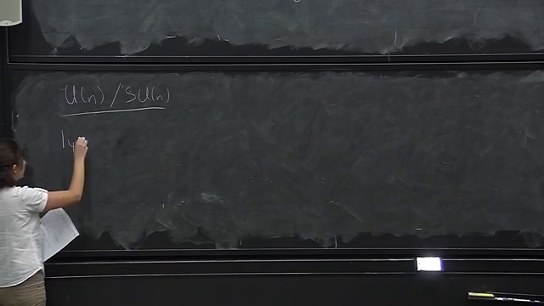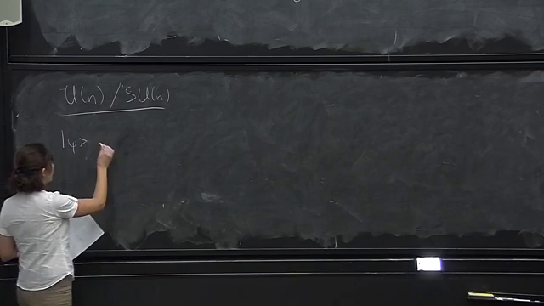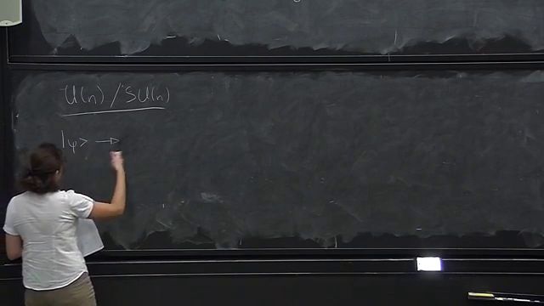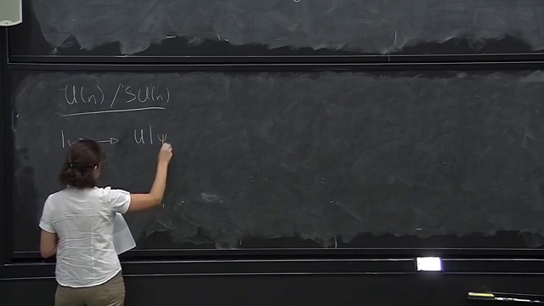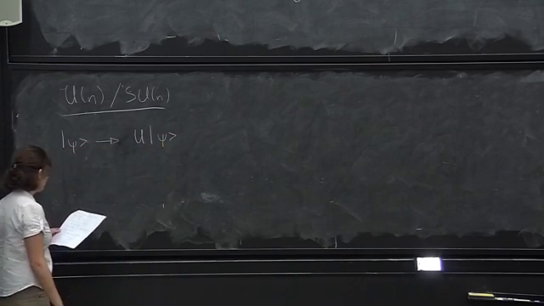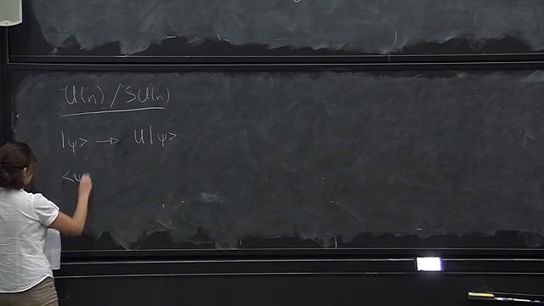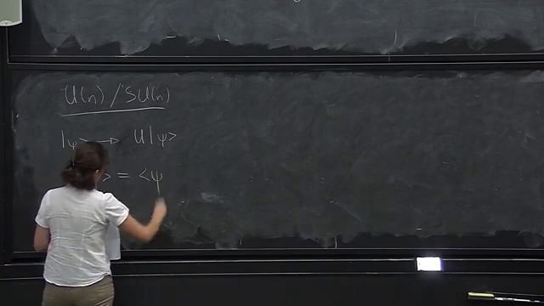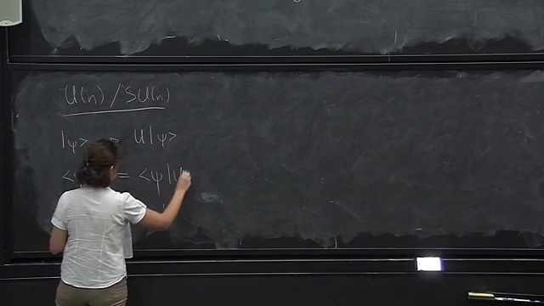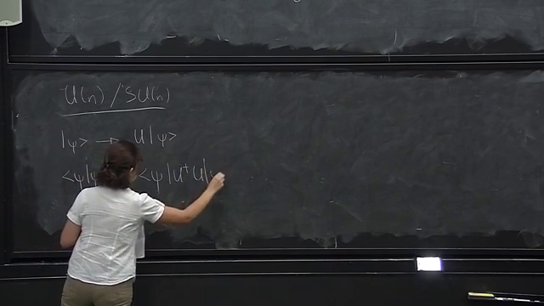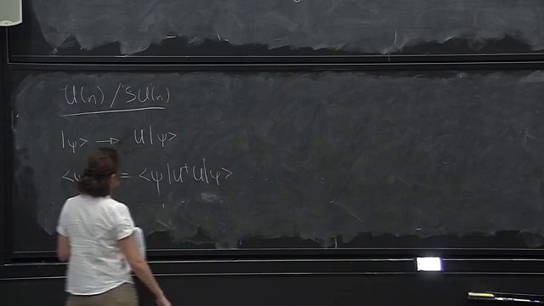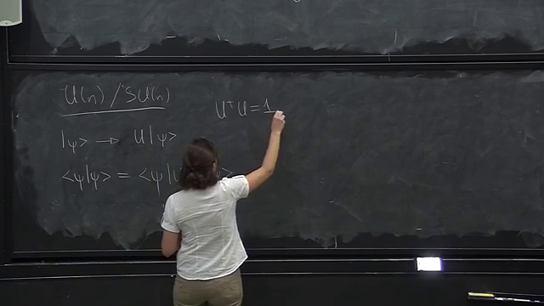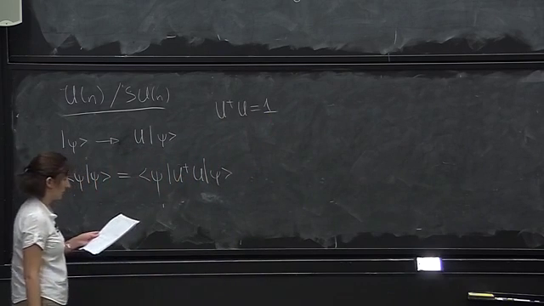And if we take some state vector psi in a Hilbert space and we apply a unitary transformation on it, we see that the measure of psi remains invariant as long as U dagger U is equal to 1.